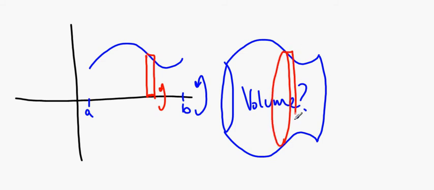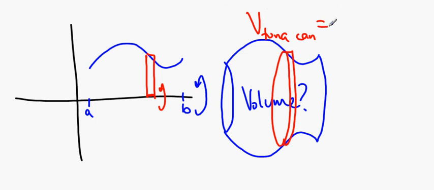Tuna cans. This rectangle, if you spin it 360 degrees, becomes a tuna can.